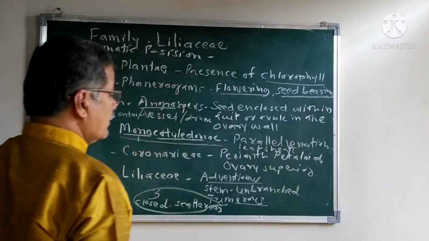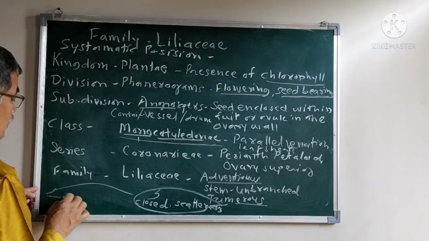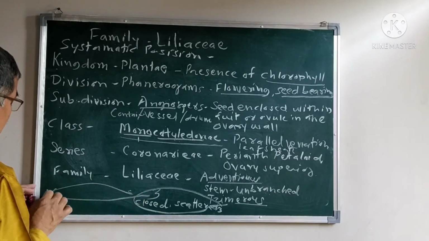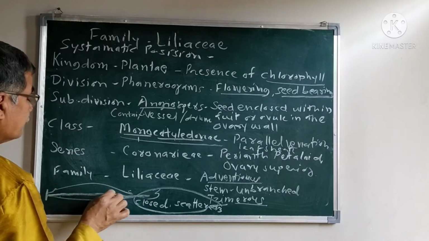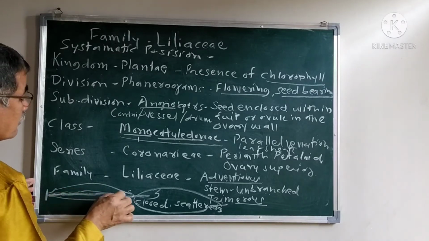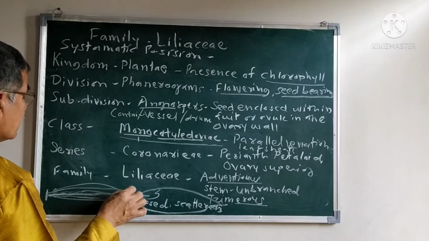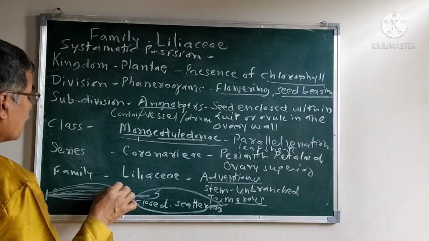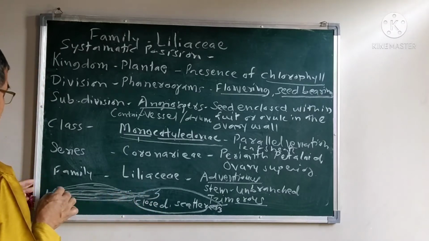Parallel venation means the leaves have one prominent midrib, and from this midrib region the side veins run parallel to it and join at the tip of the leaf.